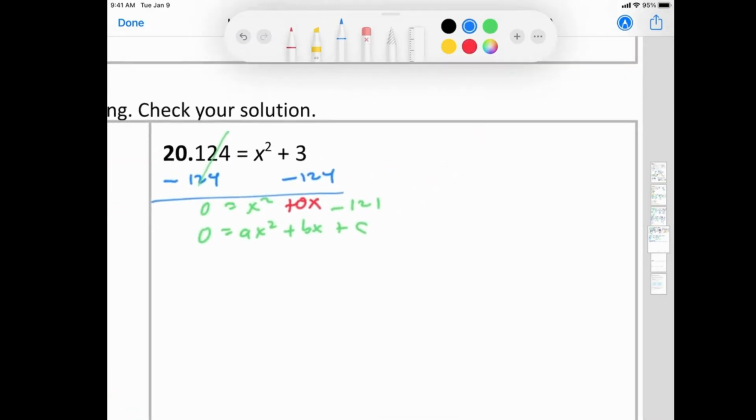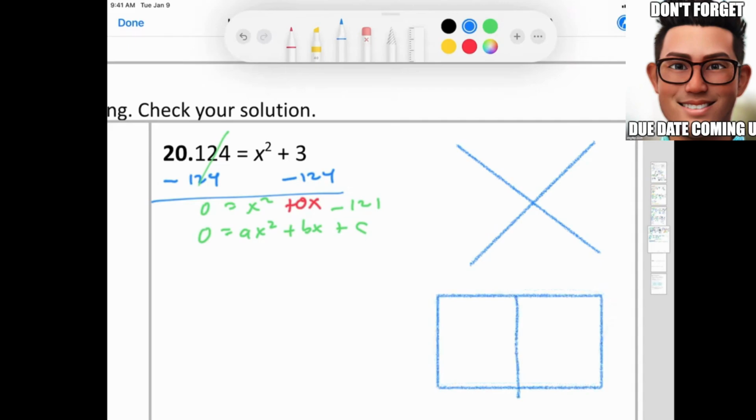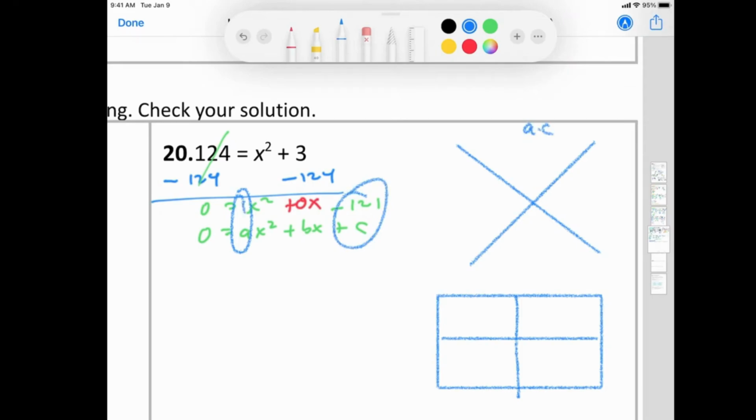And now you can use your x box. Okay, so a is 1, c is negative 121. So 1 times negative 121 is negative 121. B value is 0. My two numbers are going to be 11 and negative 11.